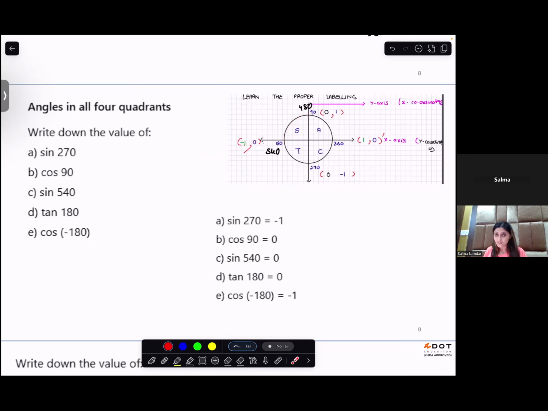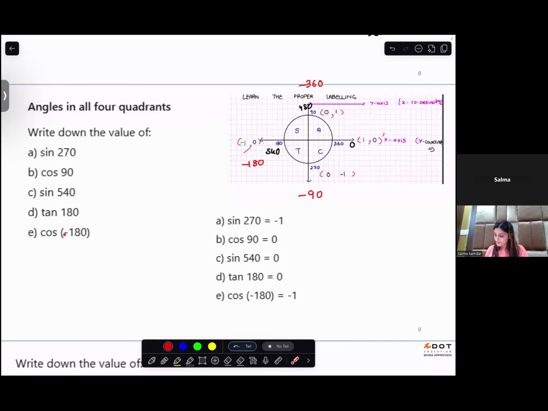Cos minus 180. Now when I have a negative, I go in the opposite direction. When I have a minus, I go in the opposite direction. I do not go like this. Rather, I will go like this. So this would be 0, this would be minus 90, this would be minus 180.